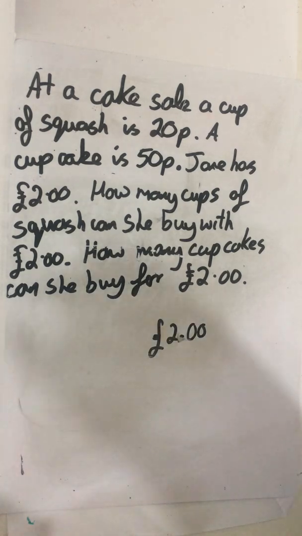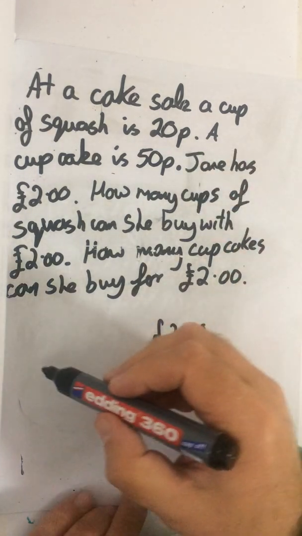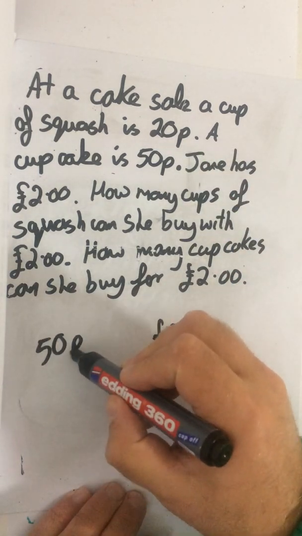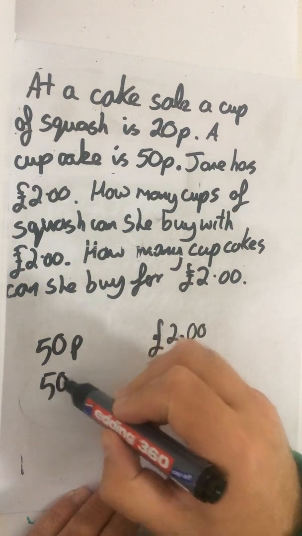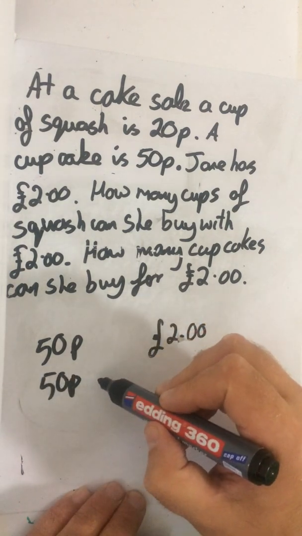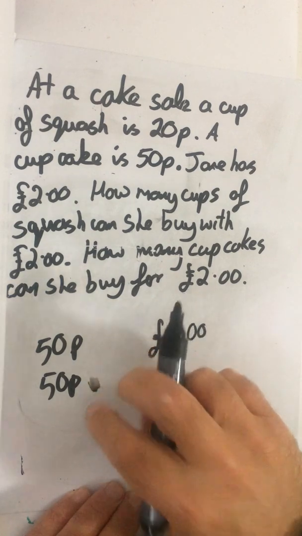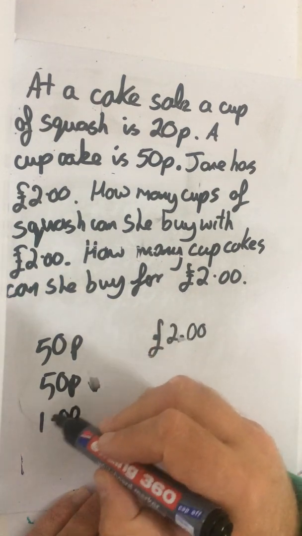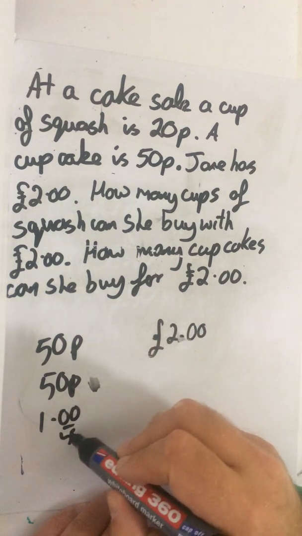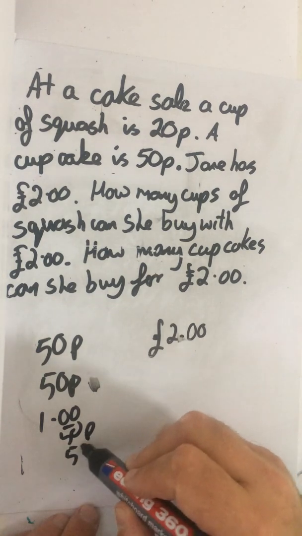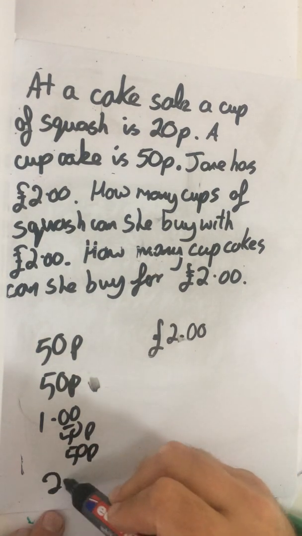Then we've got how many cupcakes? So 50p. Then another 50p. So that's 2 equals £1. I'm adding, so that's £1. Then I'm going to add another 50p and another 50p. So I've got £2.